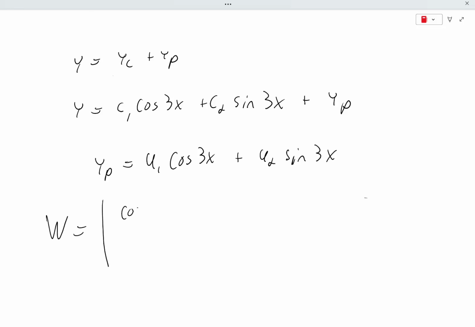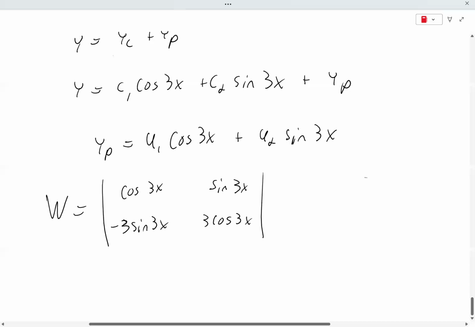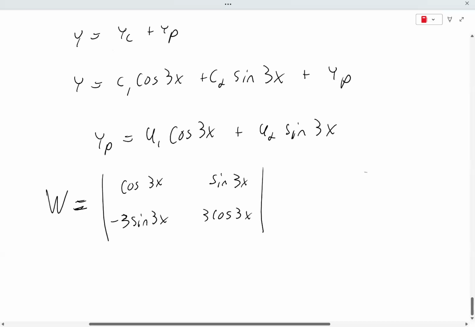Let's say I have cosine 3x and sine 3x. Take the derivatives, and 3 cosine 3x. I think I did it right.